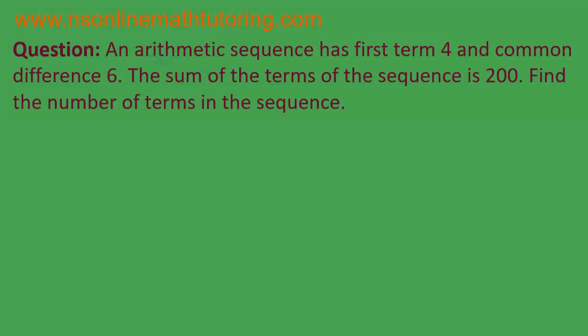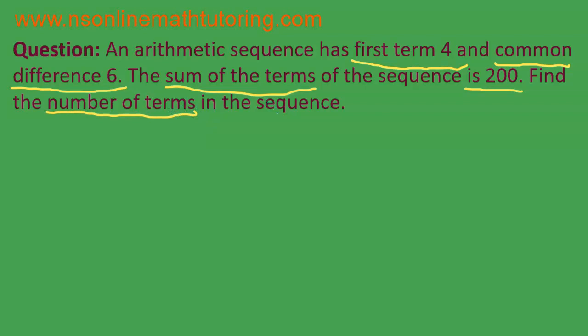So the first question of this session is: an arithmetic sequence has first term 4 and the common difference 6. The sum of the terms of the sequence is 200; find the number of terms.